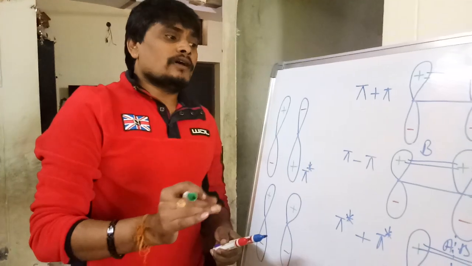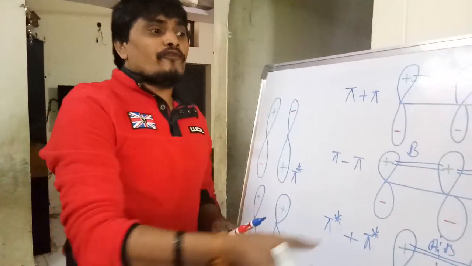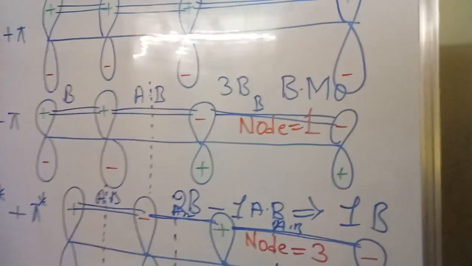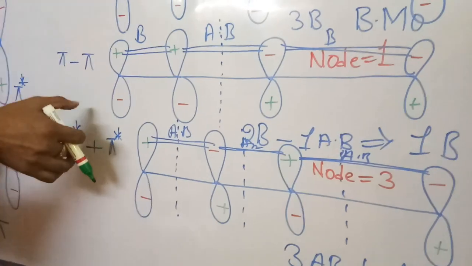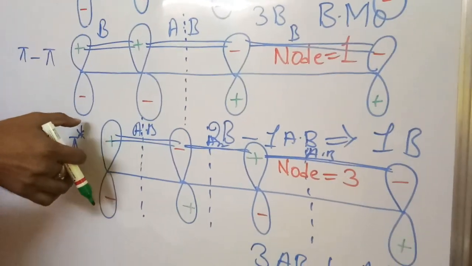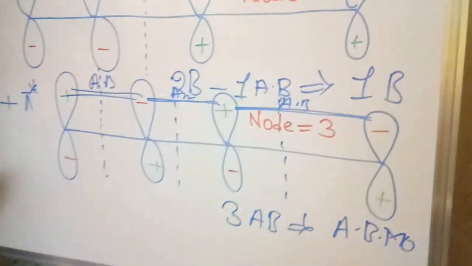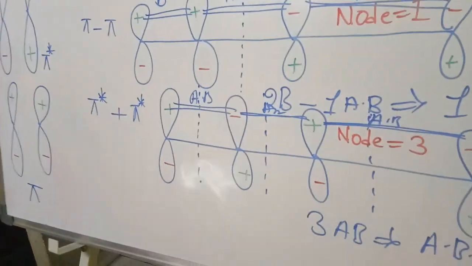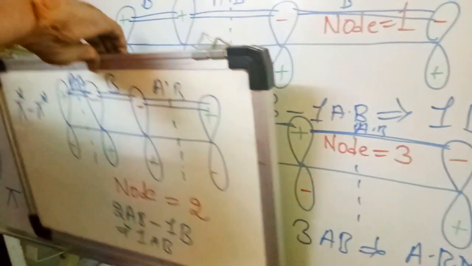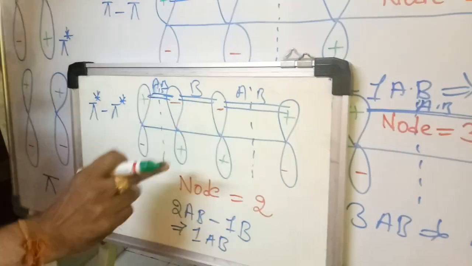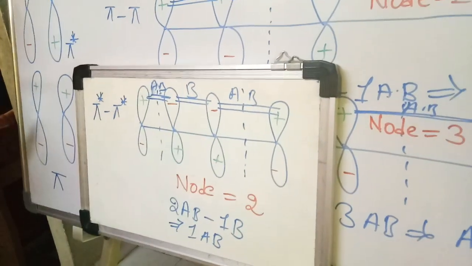While coming to the pi negative pi, the number of nodes is 1. And for the pi star, positive pi star molecular orbital, the number of nodes is 3. And coming back to our pi star, negative pi star, the number of nodes is 2.